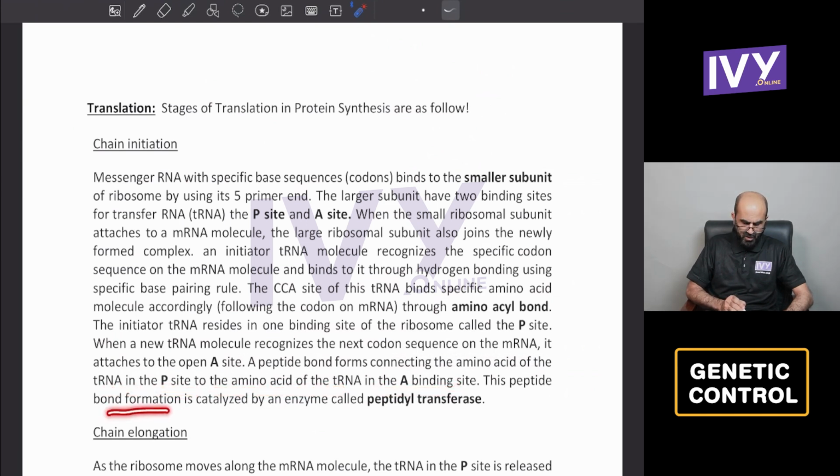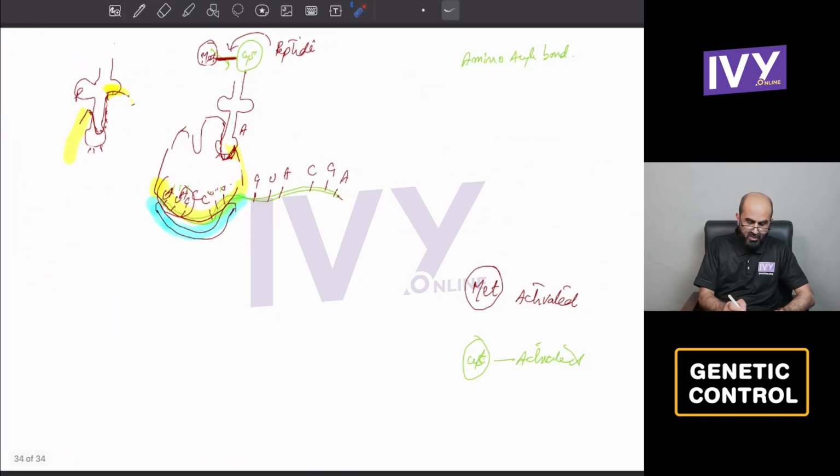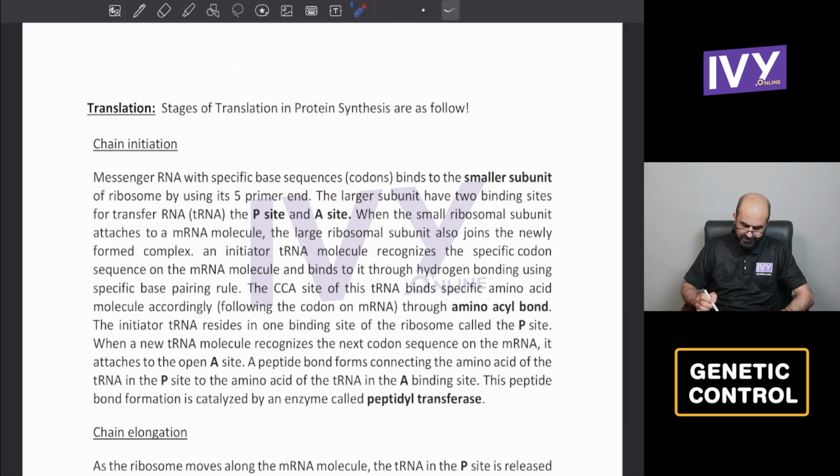This peptide bond formation is catalyzed by an enzyme called peptidyl transferase. It's very important to memorize: the peptide bond formed between the two amino acid molecules in the process of translation is catalyzed by the enzyme peptidyl transferase.